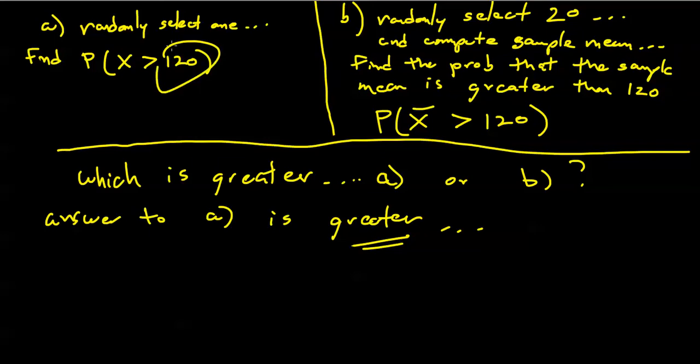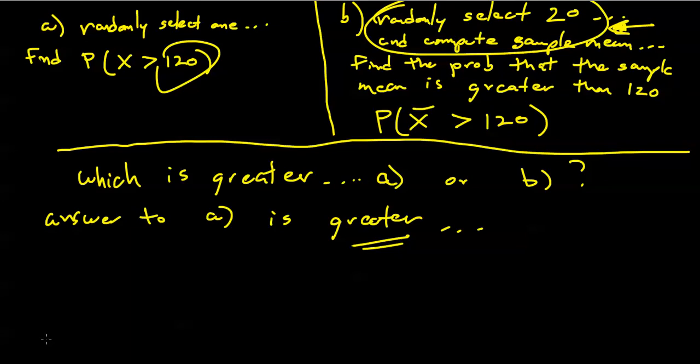It's 20 points above the mean. And if we take a sample of size 20, we are going to have what I call a dampening effect in this group of 20, and it is more difficult, or less likely we should say, for a sample mean to be in an extreme range or in an above average range.